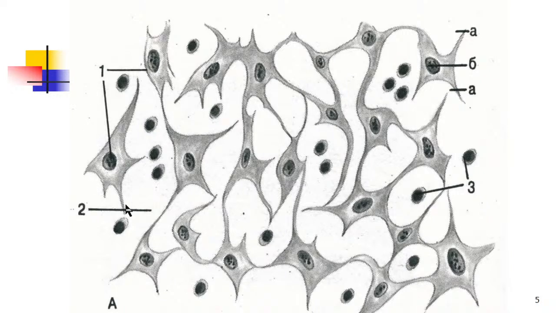All other types of meshwork structure, like mesenchyme and, for example, the stellate reticulum, are false syncytia, and this is classical reticular tissue.